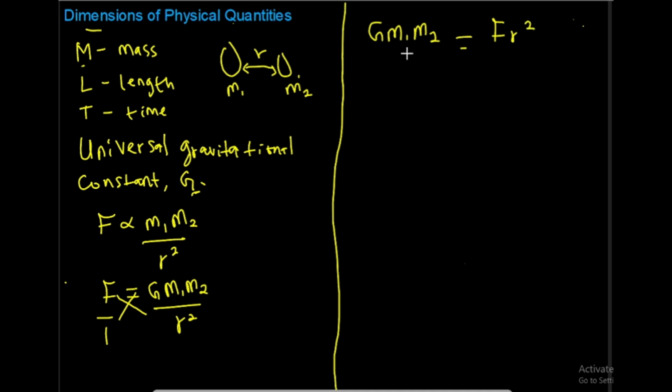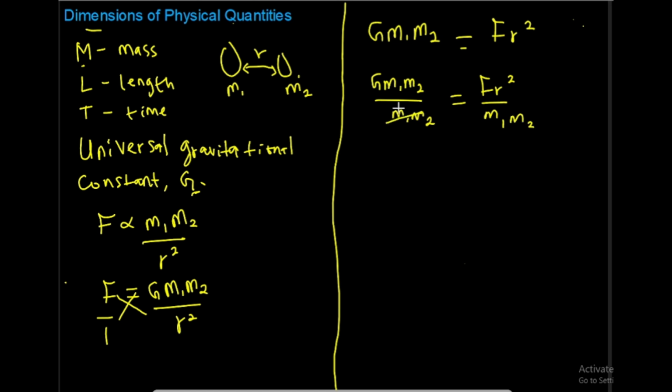Now we divide both sides by m1 and m2, and that will give us G m1 m2 over m1 m2 equals F r squared over m1 m2.